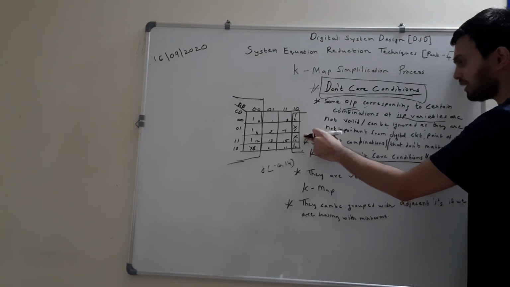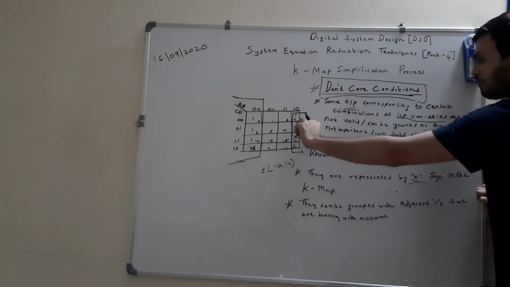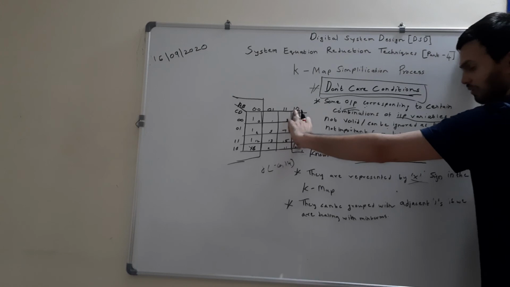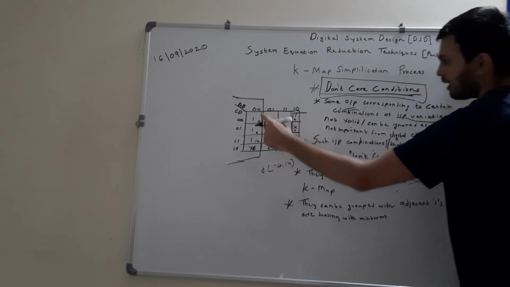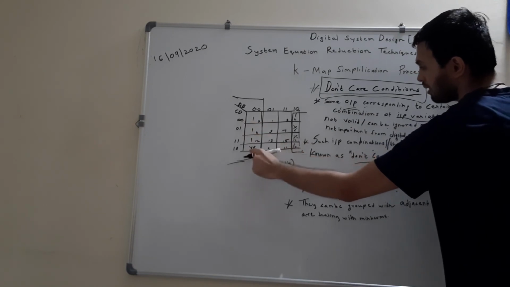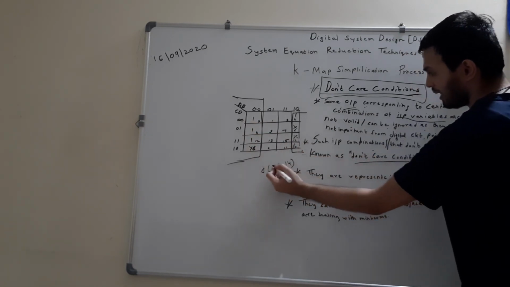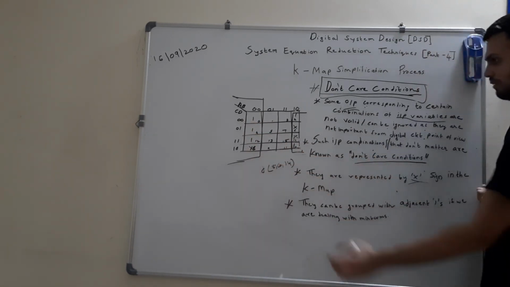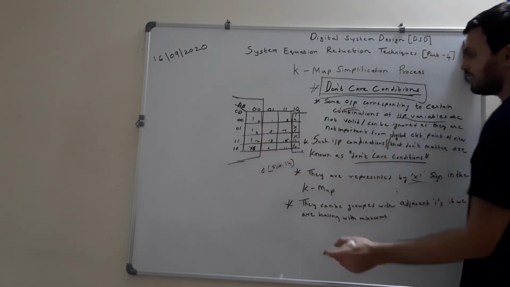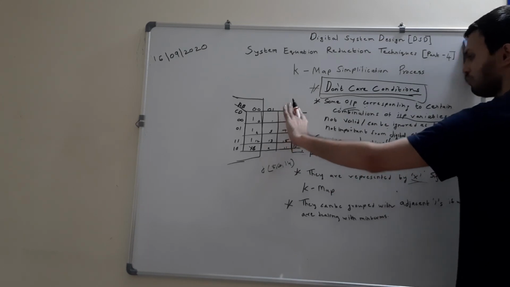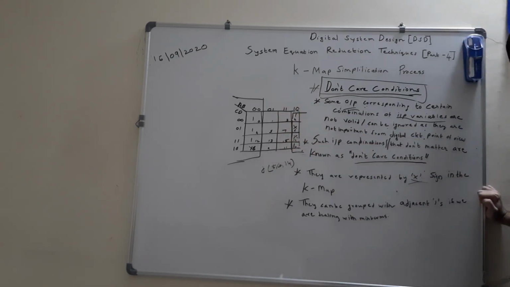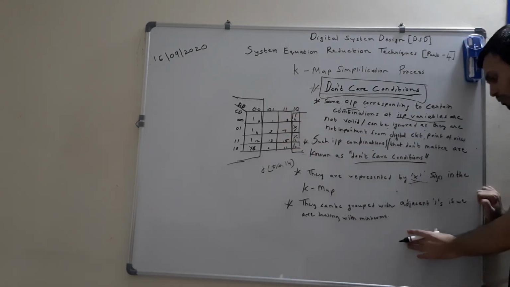But for simplification purposes, we can combine these don't care conditions with this one. So that's why 1, cross, cross, 1 and 1 1 1 1 1 1 cross over here. Again 8 is also a don't care condition in this one. So 1 1 1 cross. So this forms an octet, and as you can see, we can group cross with 1 because we are dealing with don't care condition and we are grouping min terms.